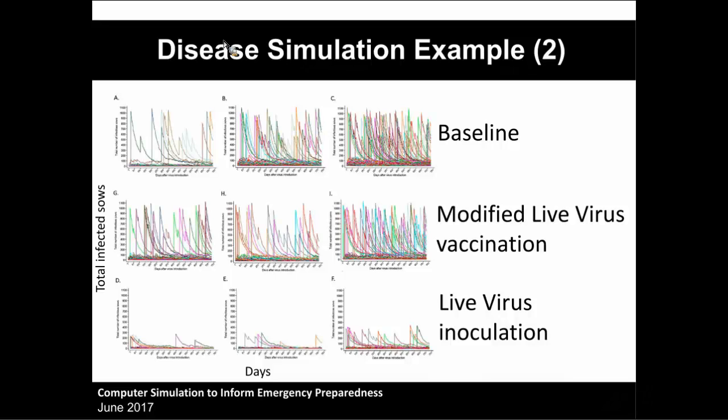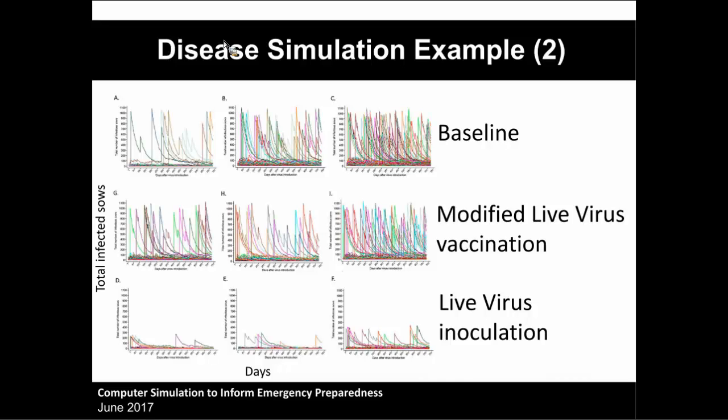So they compared three different scenarios of three different immune status: one was the baseline, the second was the modified live virus vaccination, and the third one was the live virus inoculation. Then they introduced infected cells and looked at the size of the epidemic and what happens to the nursery pigs.